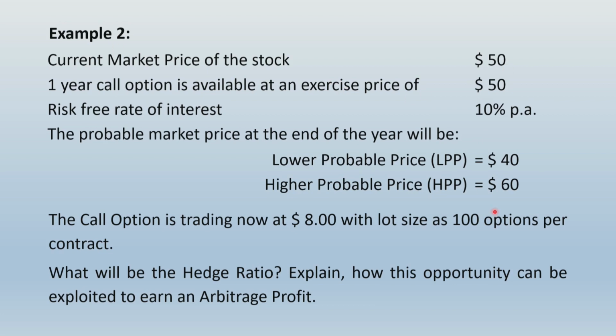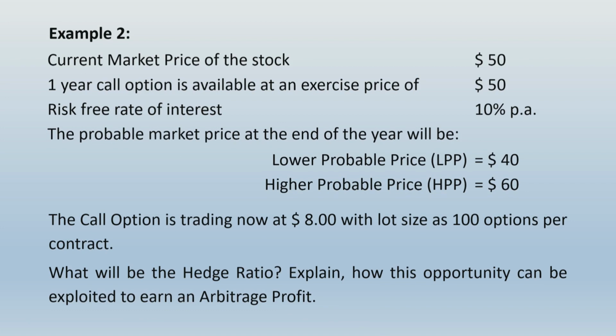All this is the same. The additional information you get here is this: the call option is now trading at $8 with a lot size of 100 options per contract. What will be the hedge ratio? Explain how this opportunity can be exploited to earn an arbitrage profit. This is the example that we are talking about.